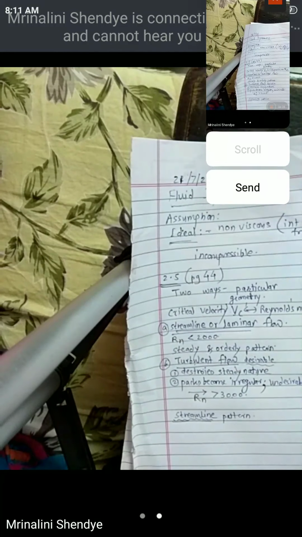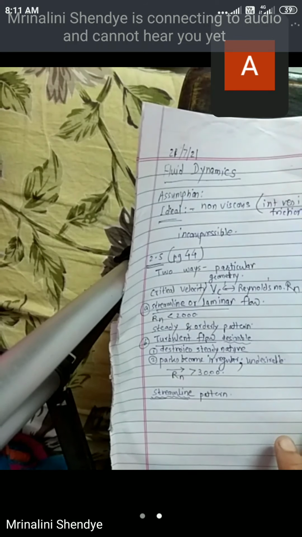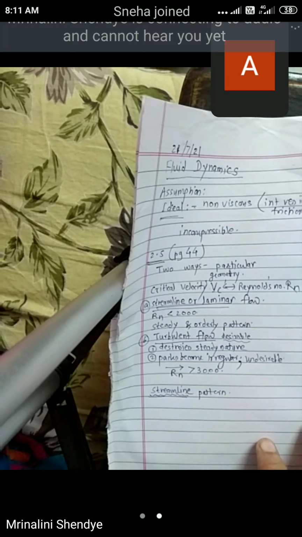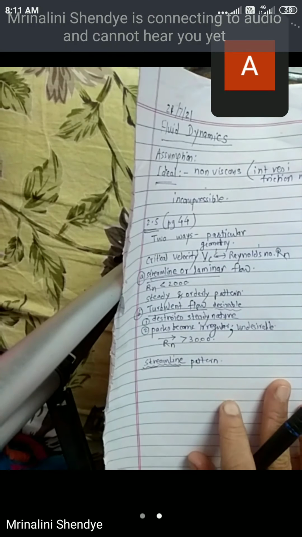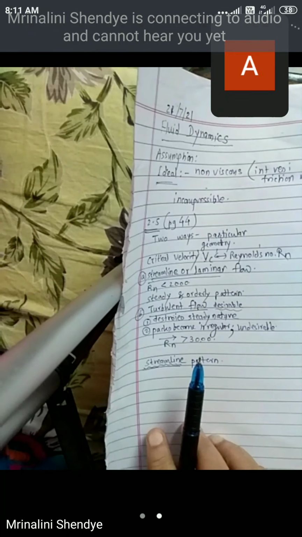But suppose you want mechanical flights like aircraft or high speed cars, that time due to turbulence, increase in resistance is produced and it is undesirable, and hence these bodies are given streamlined or aerodynamic shapes.